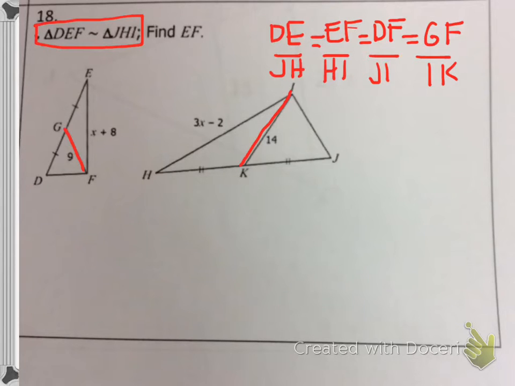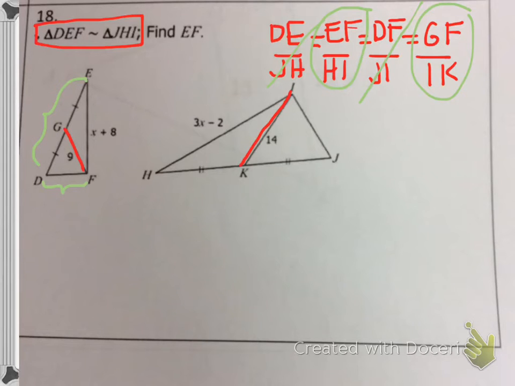From here, if I look at my picture, I could cross out which proportion we're not going to need because we don't have side lengths for. For instance, DF has no side length, so let's get rid of DF. And then DE has no side length, so DE is gone. We're going to be using then this ratio and this ratio. So let's plug in our numbers.